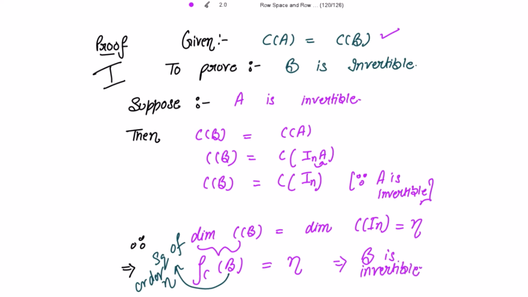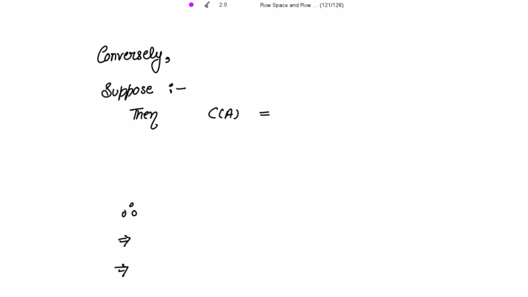Similarly, the other way. Conversely, suppose it is given to us that B is invertible and we have to show that A is invertible. So we have to start with this C(A) now, because I need to show that A is invertible.